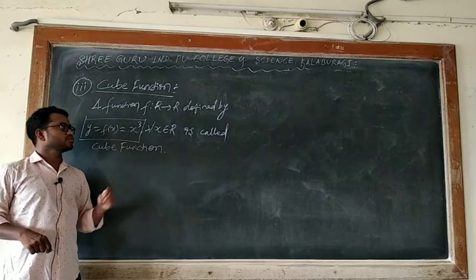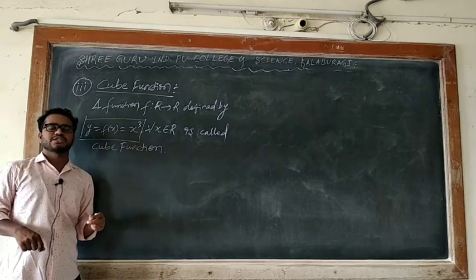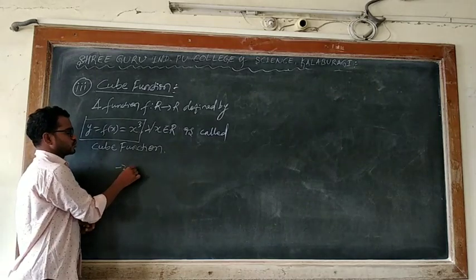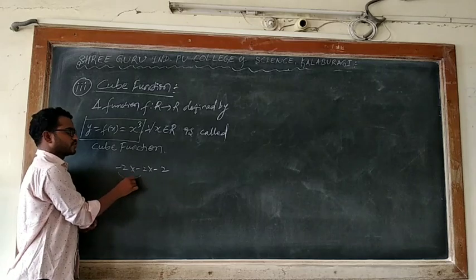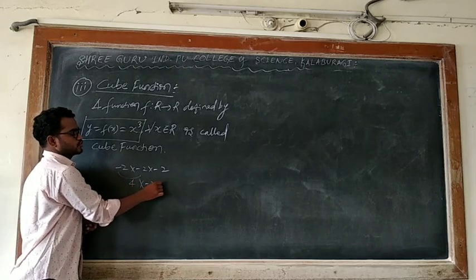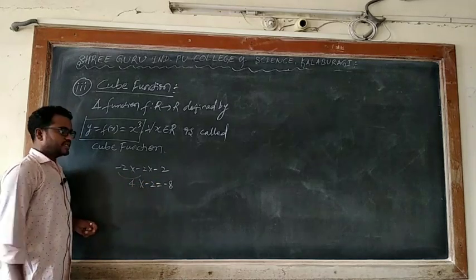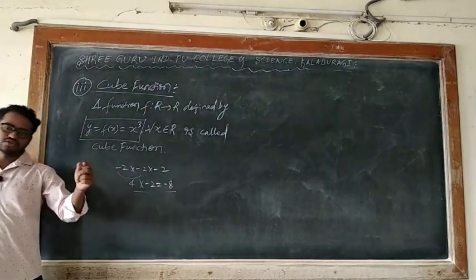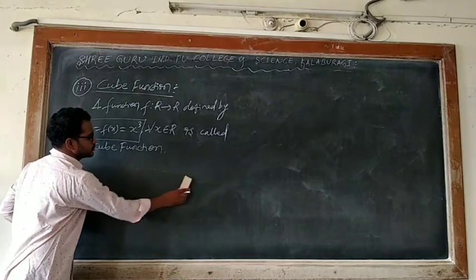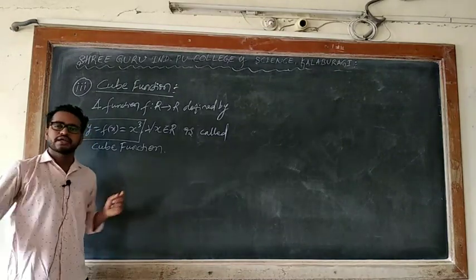In the case of cubes, a positive number cube is positive, and a negative number cube is negative.